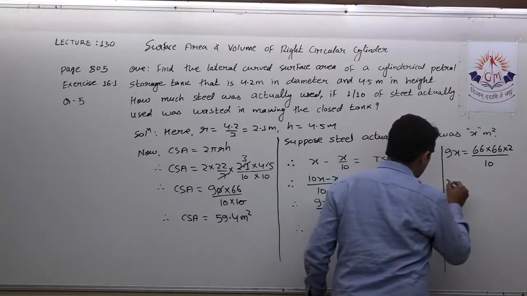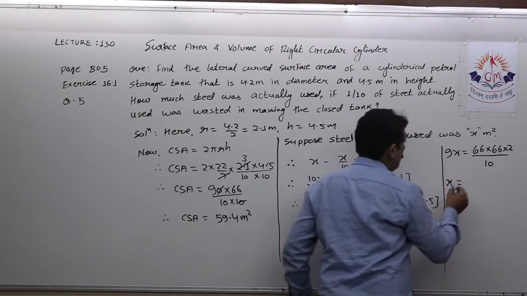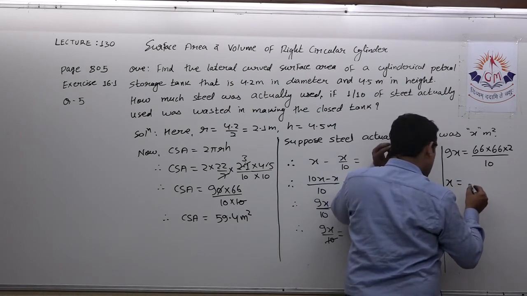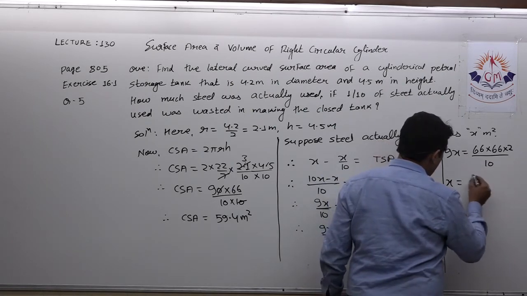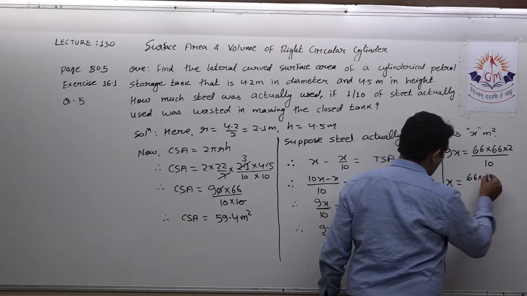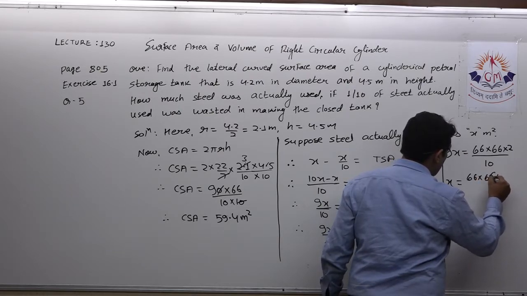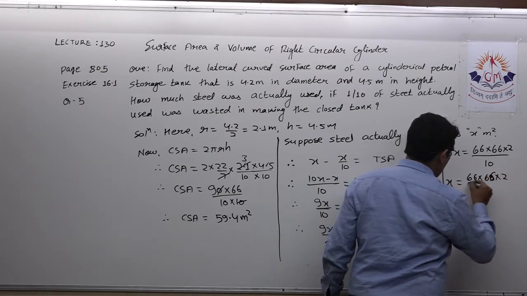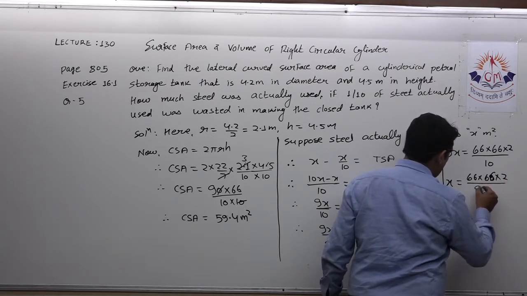So from here I can write x is equal to 66 multiplied by 66 multiplied by 2 upon 9 into 10.